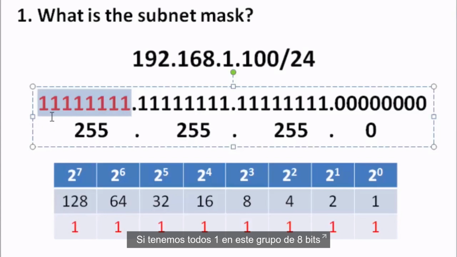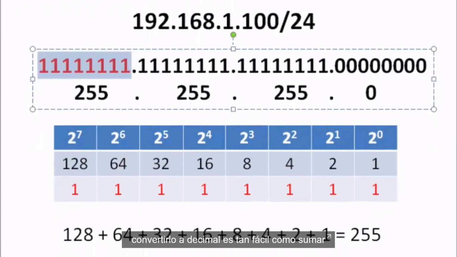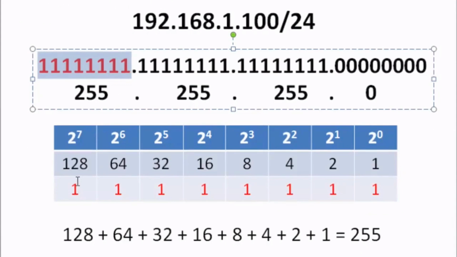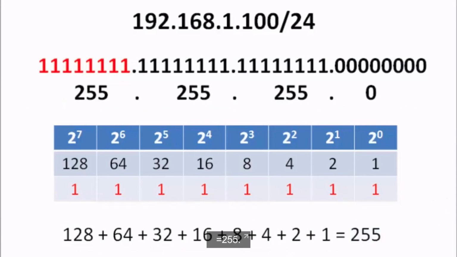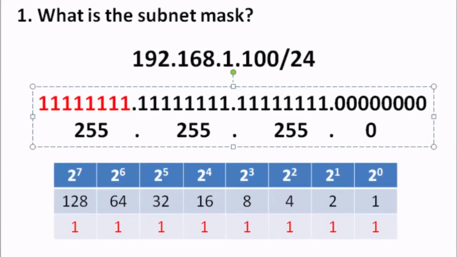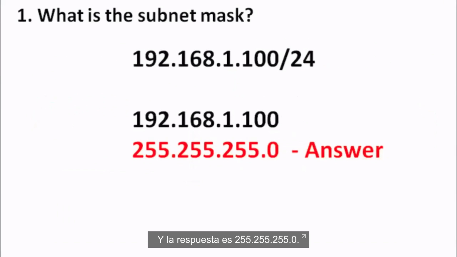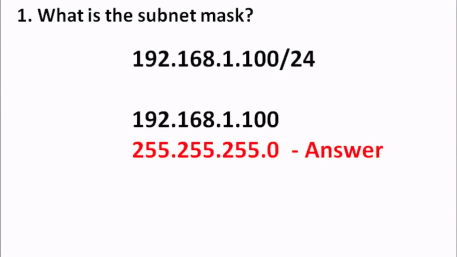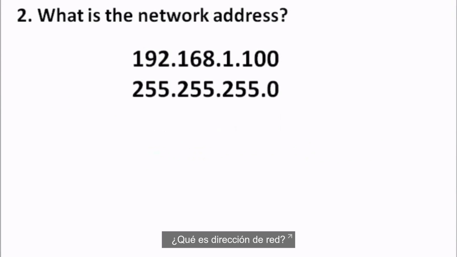If I have all ones in this 8-bit grouping, then to convert it to decimal is as simple as adding 128 plus 64 plus 32 plus 16 plus 8 plus 4 plus 2 plus 1 equals 255. So each octet with all ones in it equals 255. So 255.255.255.0 is our answer. Now let's go to the second question. What is the network address?